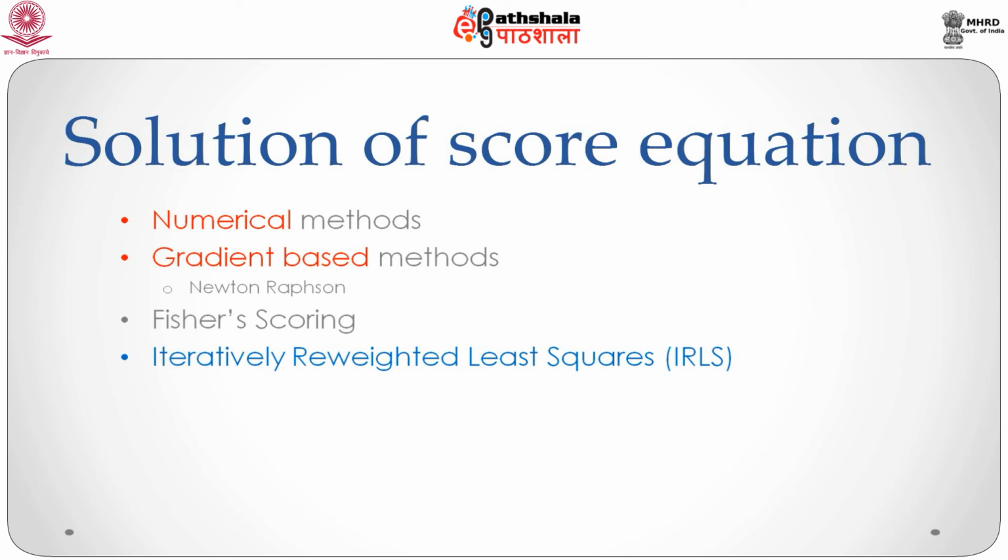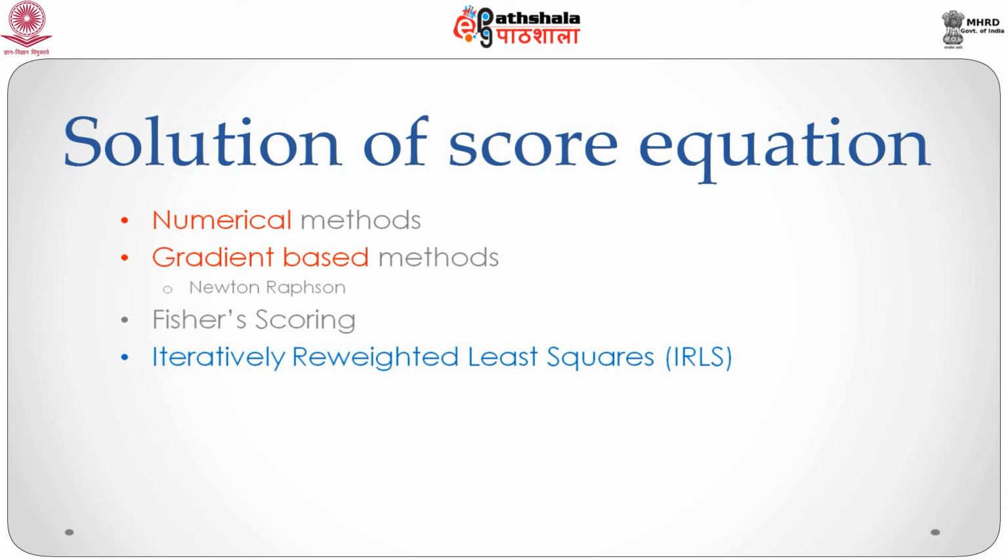In the next module, we will consider solution of the score equations. The score equations are not explicitly solved, in the sense that it is not possible to bring out beta from any one of the terms, and so we have to use numerical methods. We shall use gradient-based methods, and in particular a well-known algorithm called Newton-Raphson, or actually a variant of Newton-Raphson called Fisher's scoring.